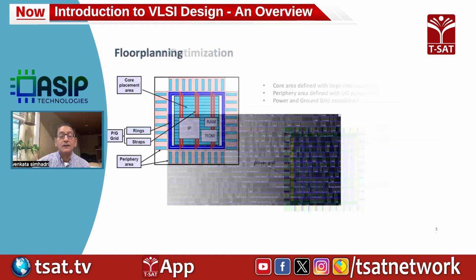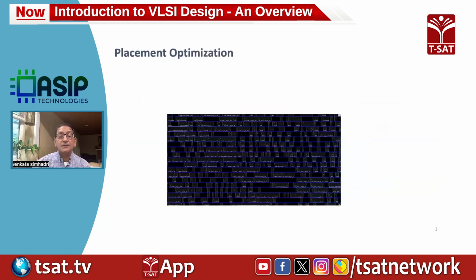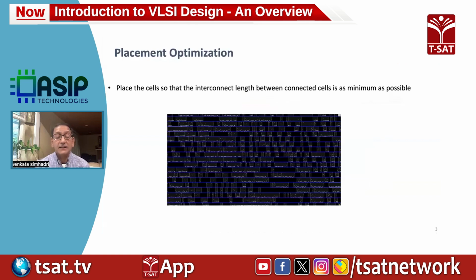Then the next level is placement optimization. As I mentioned, we are building these SoCs with millions of gates. And if you look closely in this picture, these cells are placed in rows. You don't do this manually.